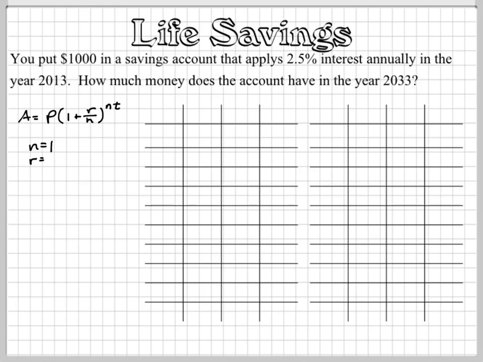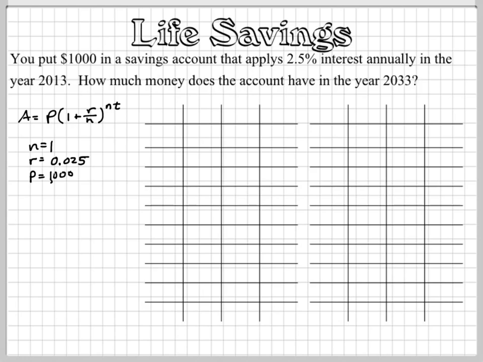R is our rate. What's our rate in this one? 2.5%, which is the same as 0.025. Remember, we need to change it into a decimal. There's another variable that we know. What is it? It's the P. Initial amount. What's our initial amount for this problem? 1,000. That's what we're putting into it.